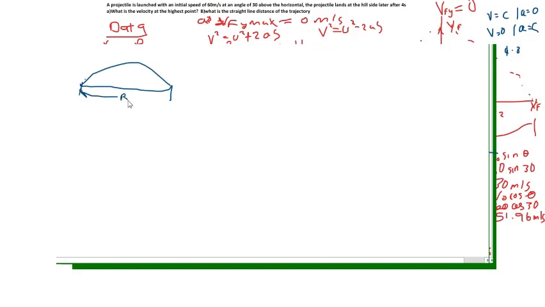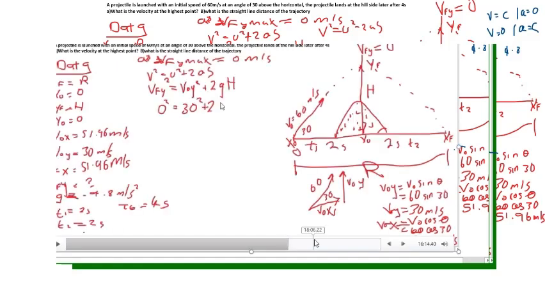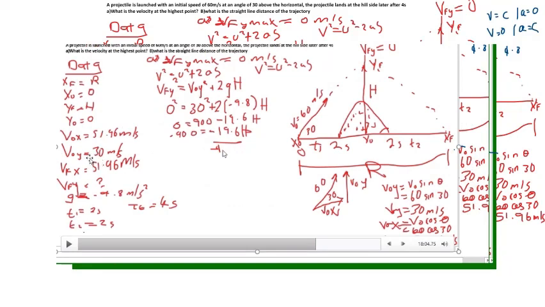This was our r. Then even the height, we found it. This height, we know this. Let me just show you. We found all these things, including the initial velocity. I'll be showing you so that you are not confused.